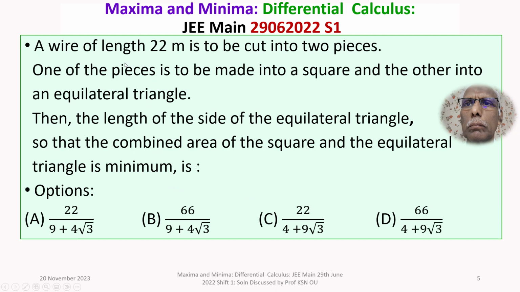We are given a wire of length 22 meters and it is cut into two pieces. One of the pieces is made into a square and the other piece is made into an equilateral triangle. We are required to find the length of the side of the equilateral triangle when the combined area of the square and equilateral triangle is minimum.